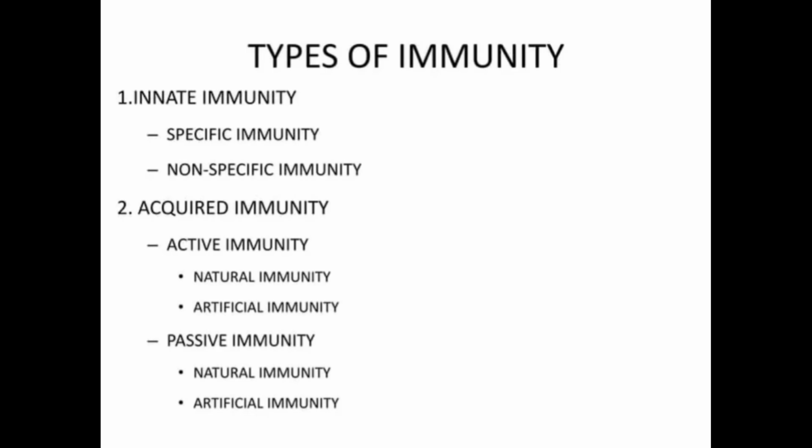Then acquired immunity is again divided into two types: active immunity and passive immunity. Active immunity is divided into natural immunity and artificial immunity. Passive immunity is also divided into natural immunity and artificial immunity. In the next slide we're going to study the different types of immunity in detail.